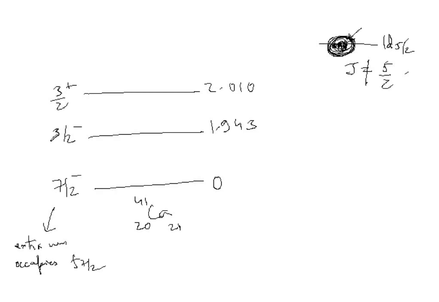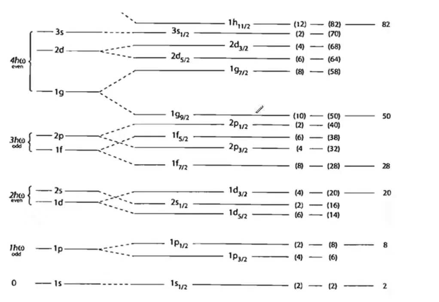Right. Now the second excited state, 3/2 plus, is obtained by the passage of a neutron from 1d 3/2 to 1f7/2, leaving a hole in the 1d 3/2. Let me again show you.